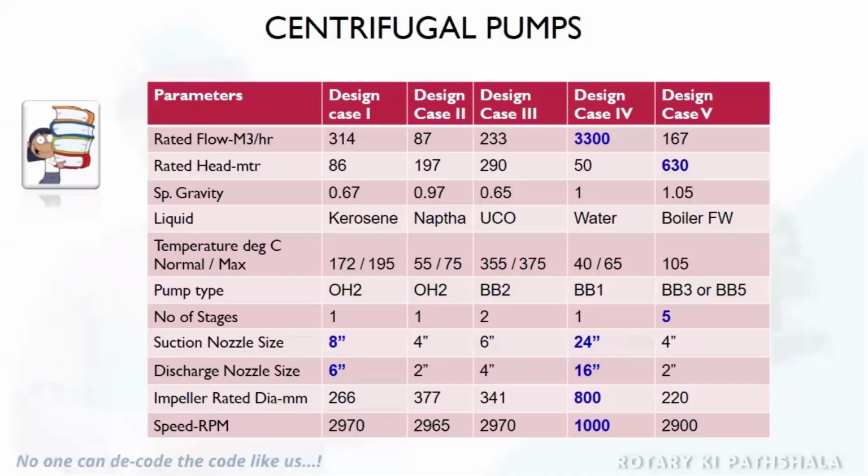So this simple example of different combinations of flow and head will make you realize that you have to be thorough in your subject, because the client is dependent on you to seek the right solution. Because once this pump is designed and operating on site, it has to operate for 20 or 25 years. So it should be a trouble-free operation. It should be reliable and it should be the right solution.